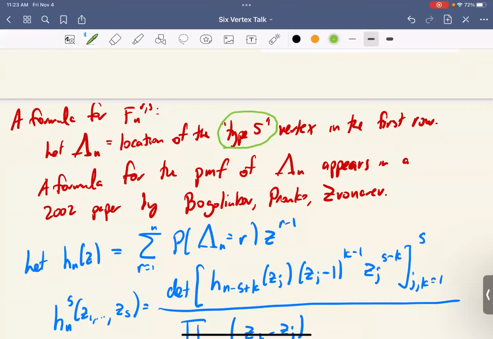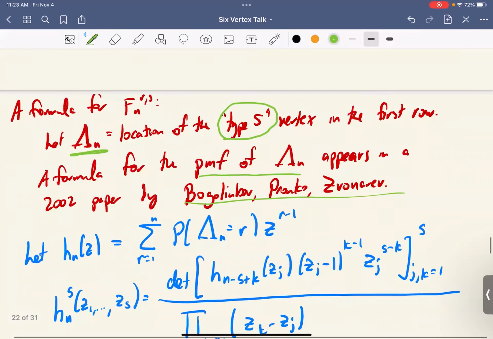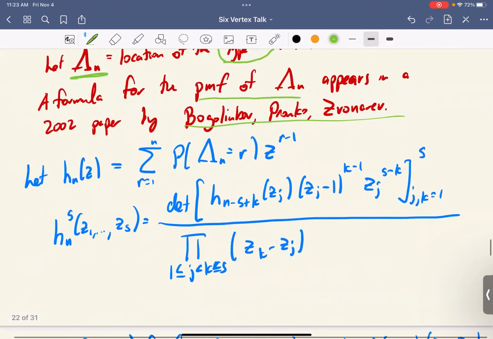And so if we call that random variable, the location of that type 5 vertex, lambda n, there's actually a formula for the probability mass function of lambda n, which is in an older paper, also Pronko and a couple of other co-authors. But their formula for the emptiness formation probability is pretty complicated. So I just want to put it up here just so we can see that it's complicated.